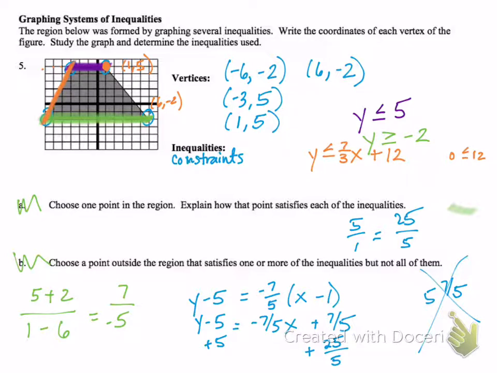Then I'm going to combine the 7 and the 25. So it becomes y equals negative 7/5 x plus 32 over 5. And so now I'm going to put it up here, this line.